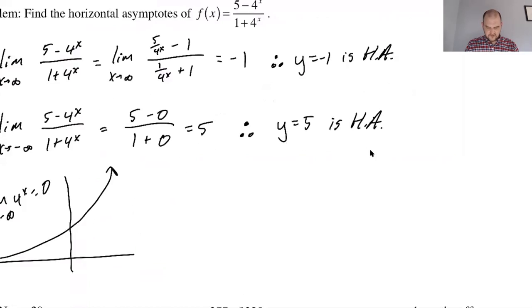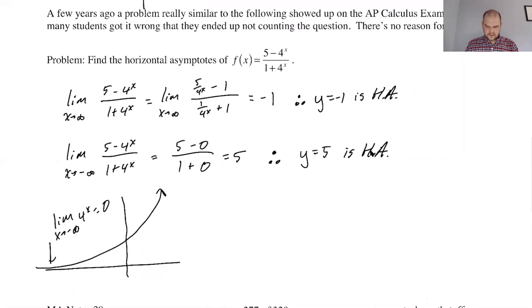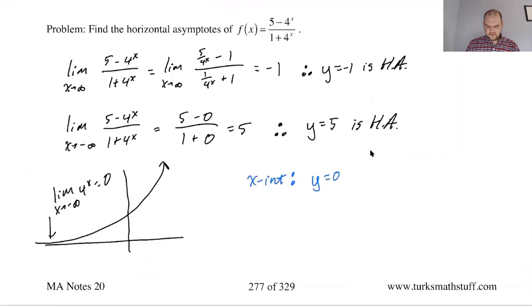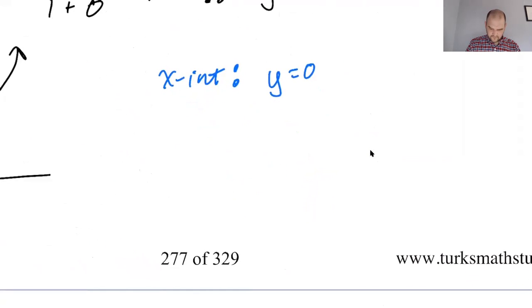If I wanted to know the x-intercept of this thing, so we're going to find the x-intercept. Not related to the problem, really. So y equals 0, right? So my equation is (5 minus 4 to the x) over (1 plus 4 to the x) equals 0.